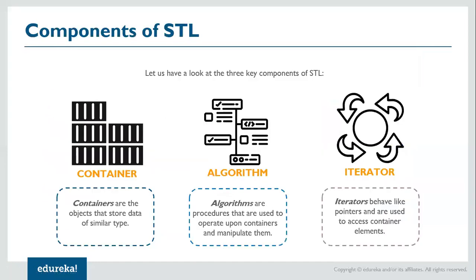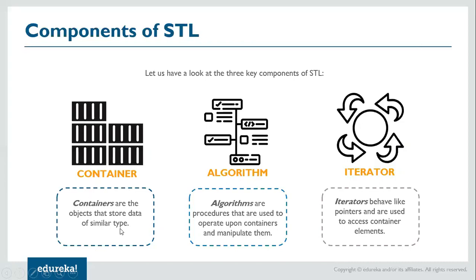Now, what are the various components of STL? Let us look at three major or key components of STL. One is container, another is algorithm, and another is iterator. So first of all, what is a container? Containers are the objects that store data of similar type.